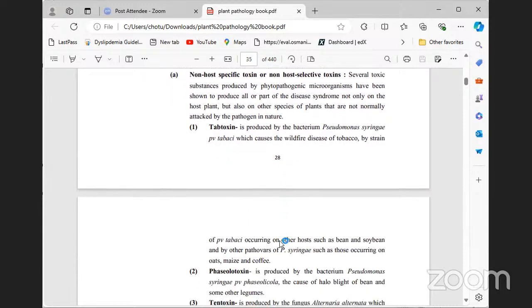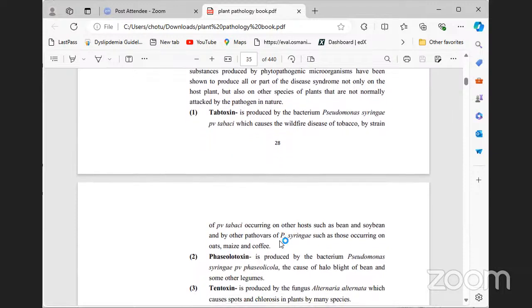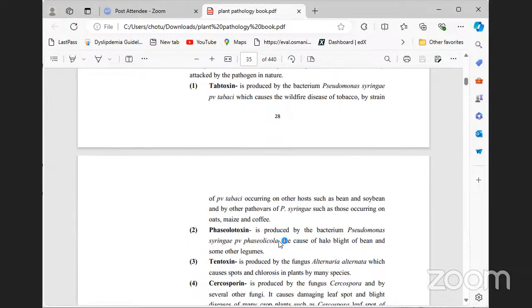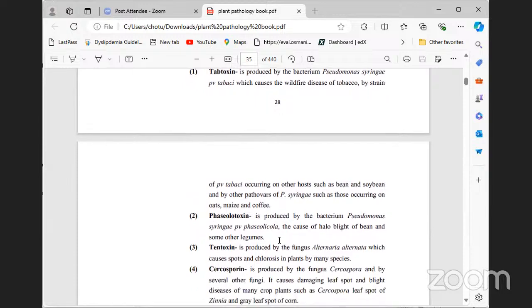The first example is tabtoxin. Tabtoxin is produced by the bacterium Pseudomonas syringae pv. tabaci, which causes the wildfire disease of tobacco.